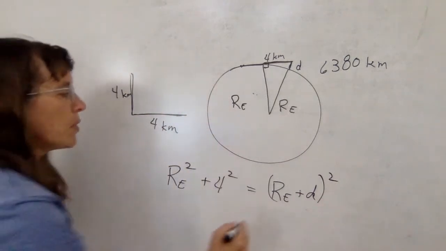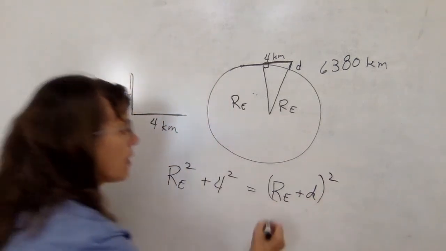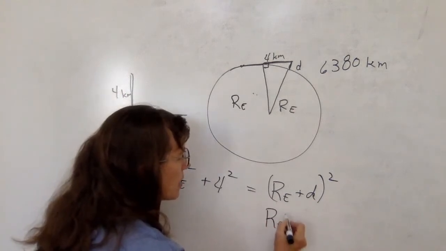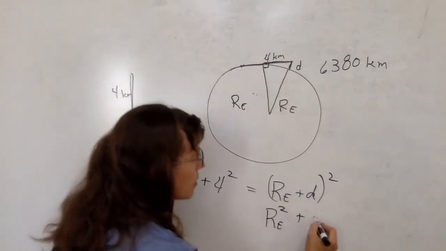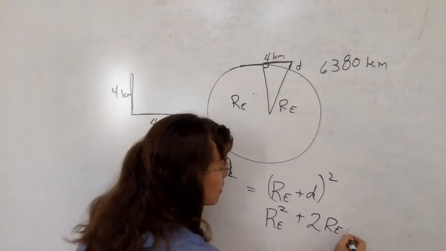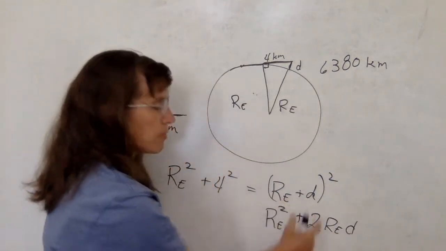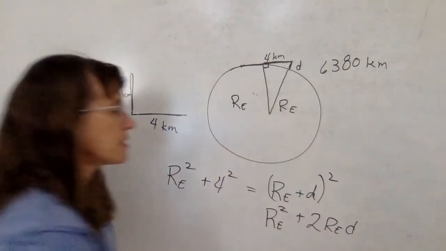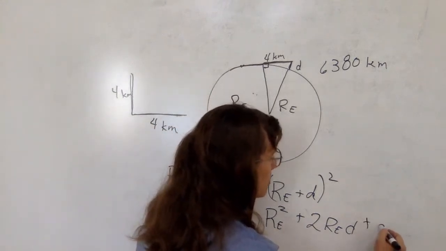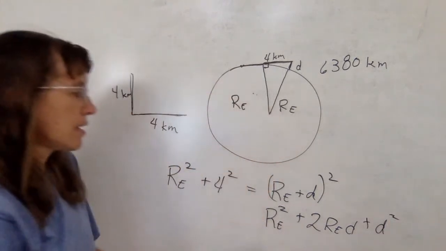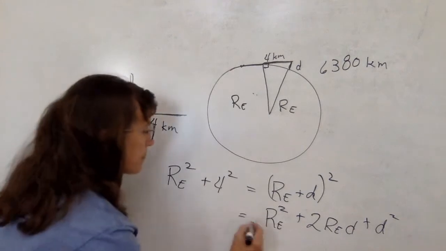We can go ahead and multiply this out, and we find the radius of the Earth squared plus 2 times the radius of the Earth times D, because we'd end up with 2 of those terms when you multiply that out, as you should hopefully recall from algebra, plus D squared.